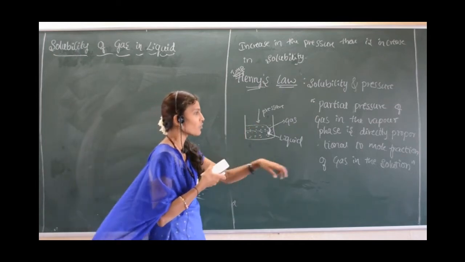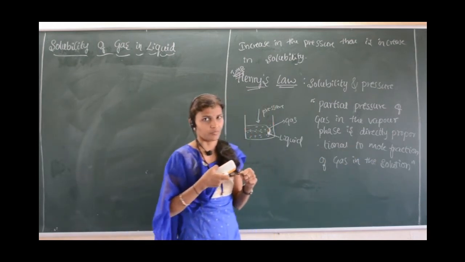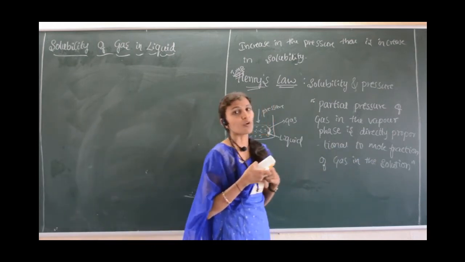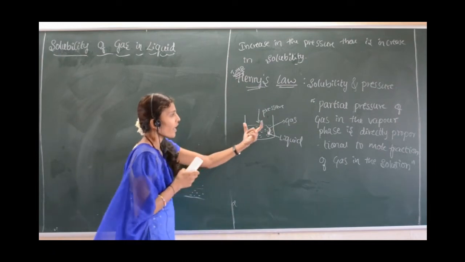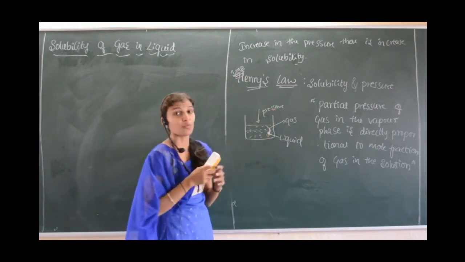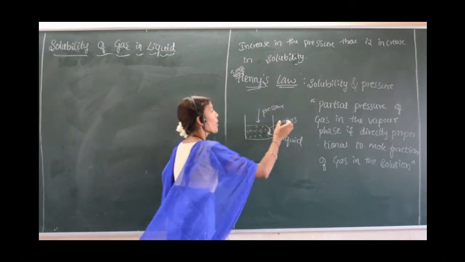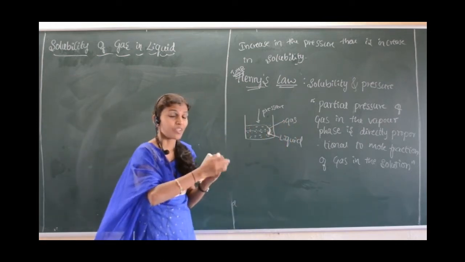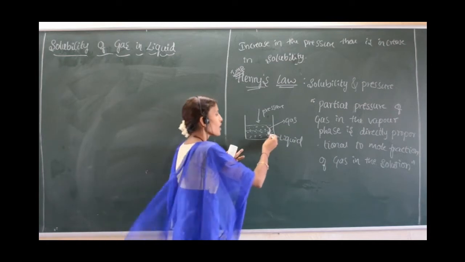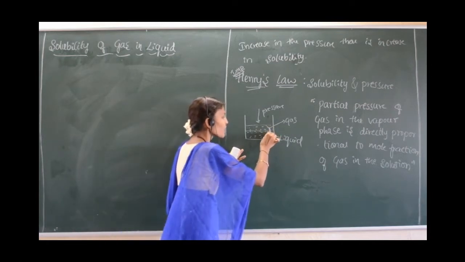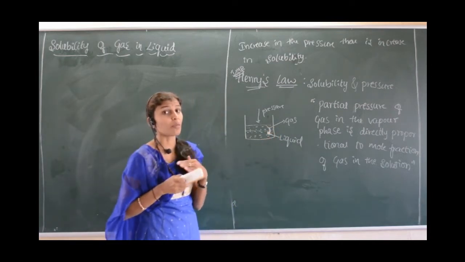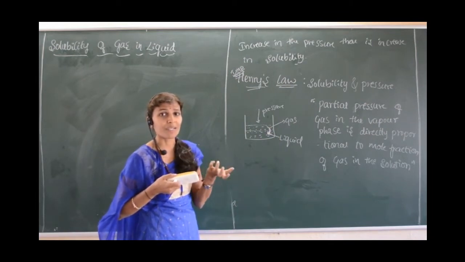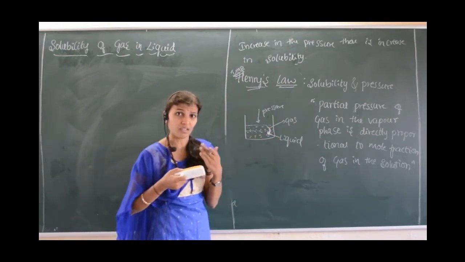So, Henry chose the term mole fraction. Here, as pressure is applied, which type of pressure is it? The partial pressure of the gas in the vapor phase. As it is increasing, what happens? More gas gets soluble. It means the solubility is increasing. Solubility is nothing but concentration is increasing.